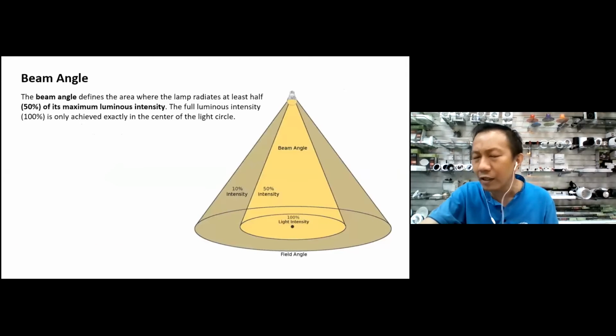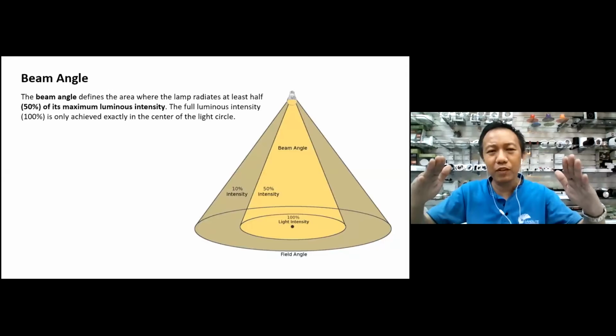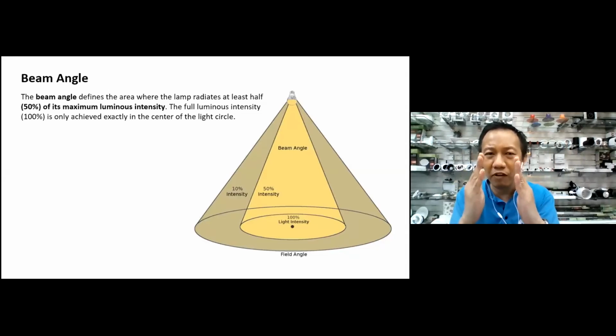Okay, another term na ma-encounter nyo, beam angle. The beam angle defines the area where the lamp radiates at least half or 50% of its maximum luminous intensity. So yung beam na yon, yung luminous intensity, kunin mo yung 50% nun, yun yung defined na beam angle. Yung gitna, usually yun yung 100%.